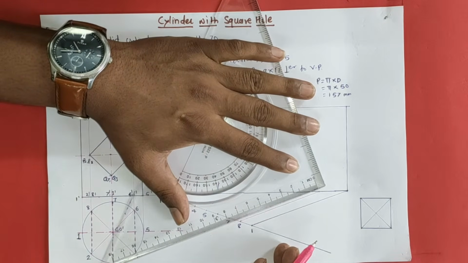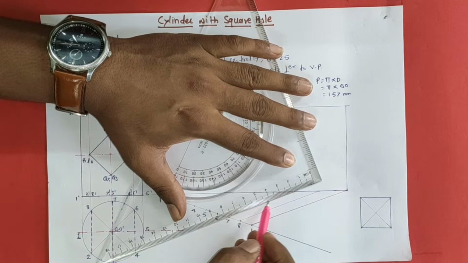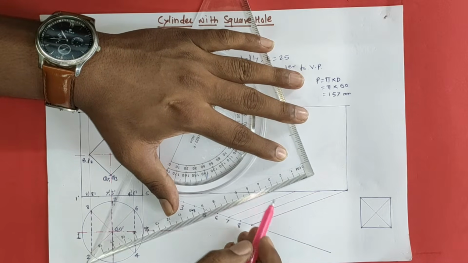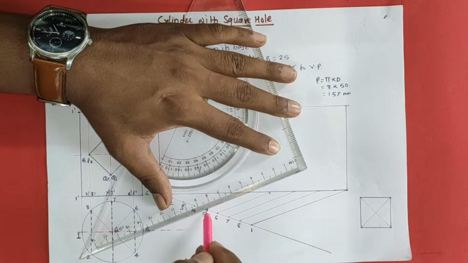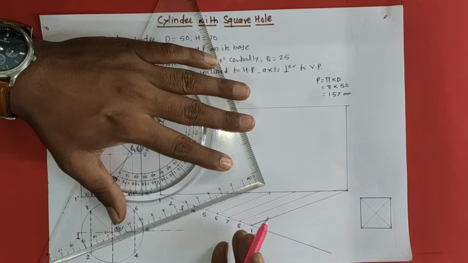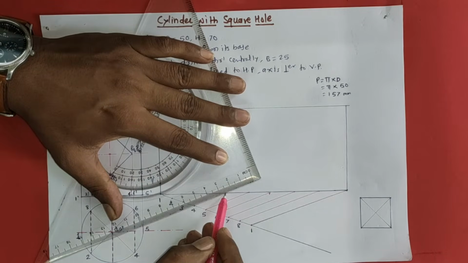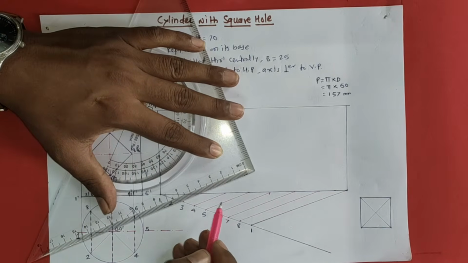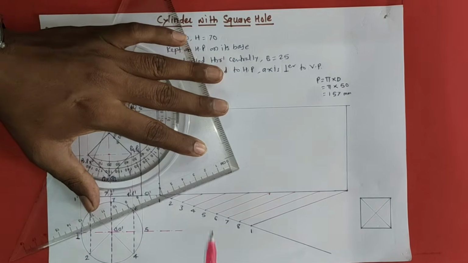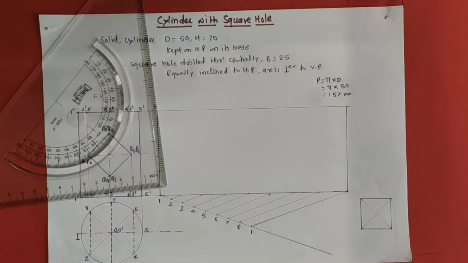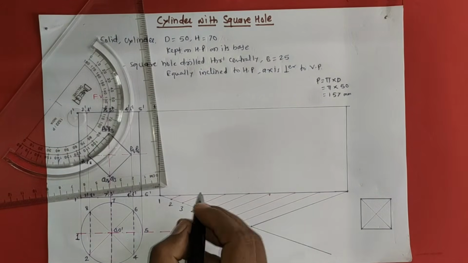Similarly go on doing 7, then join with 7, then 6, then 5, 4, 3 and 2. Use a roller or something, and you will get the required points.